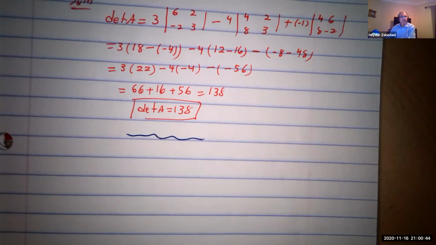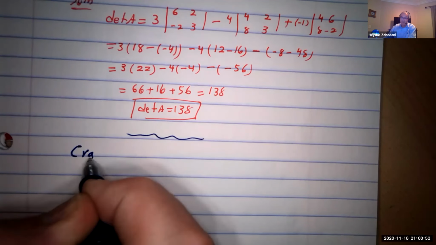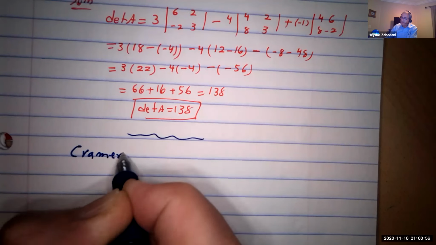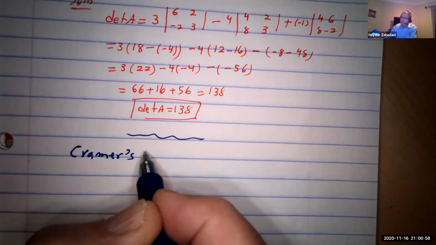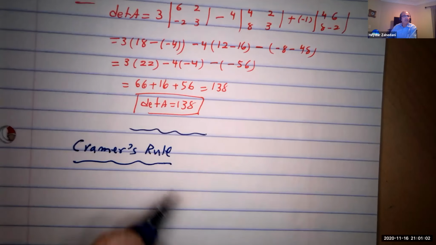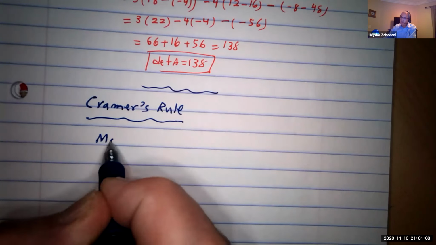The result was found by an English mathematician. His name is Cramer. So that's why we are going to call this Cramer's rule. That's the name that you have to know. So we are going to use matrices. That's an application.